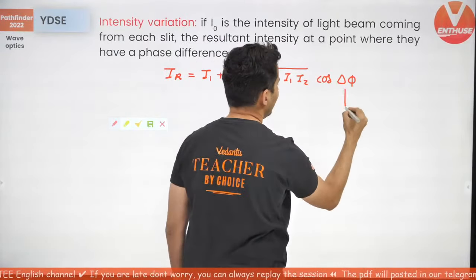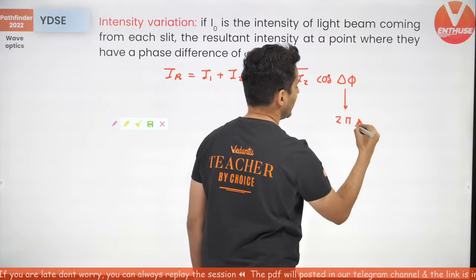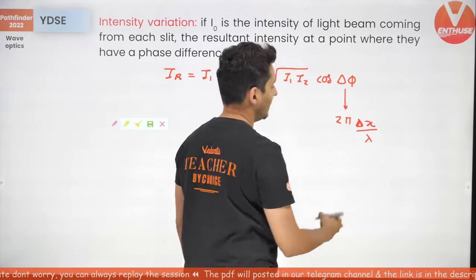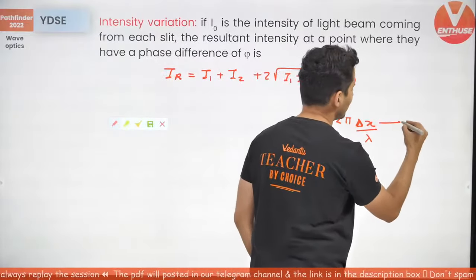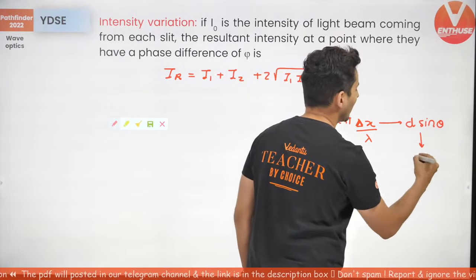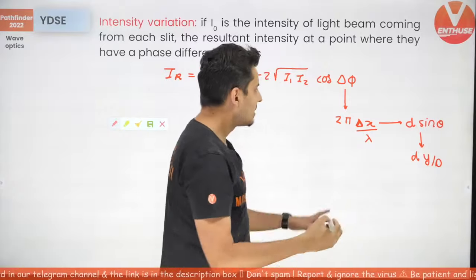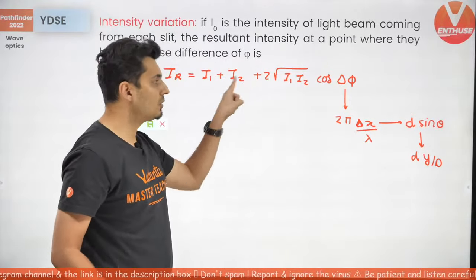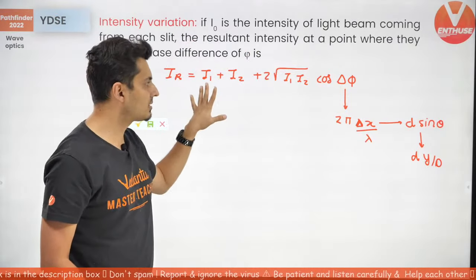Now this del phi is nothing but 2 pi into delta x divided by lambda. Delta x is your path difference. Remember, delta x was nothing but d sine theta, and if you wanted, you can also write d sine theta as dy by capital D. So this is the logic tree which you need to follow. This is the mind map which should be there in your notes.